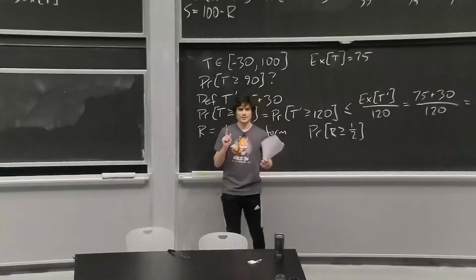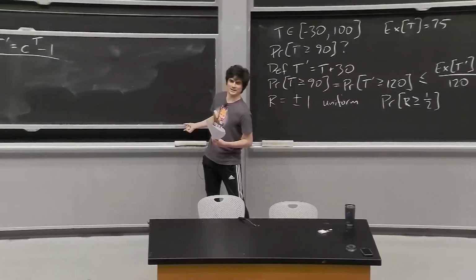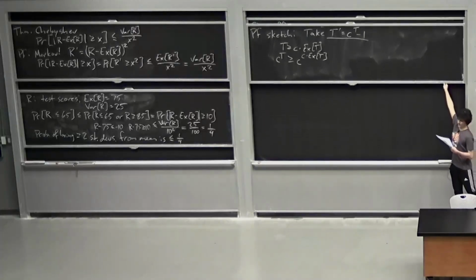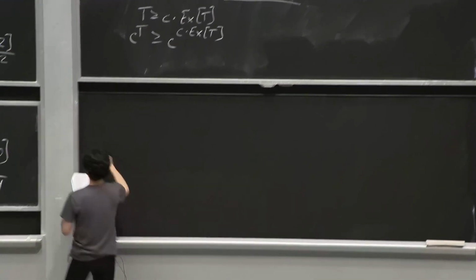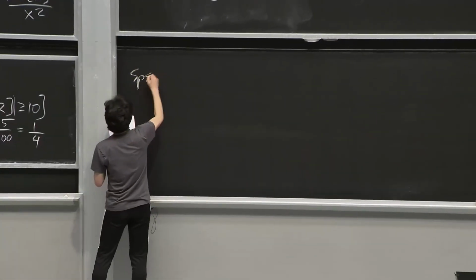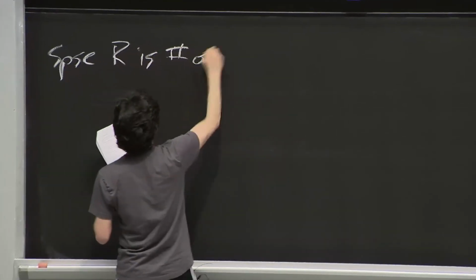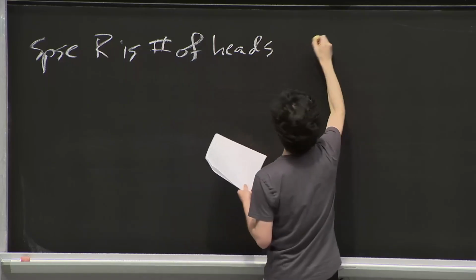Okay? So I promised you last week that we would revisit the coin tosses. So let's do that briefly. Suppose R is the number of heads if you flip n coins.